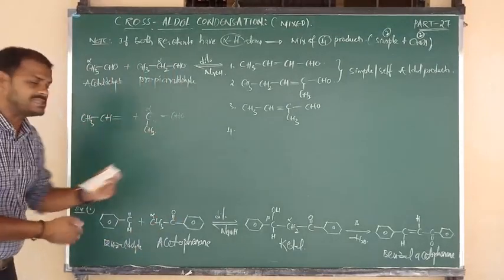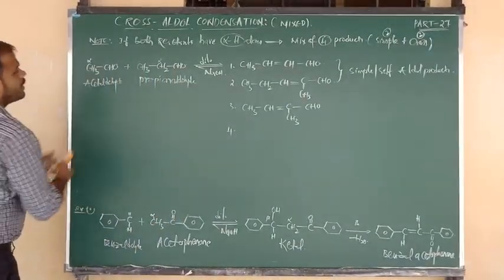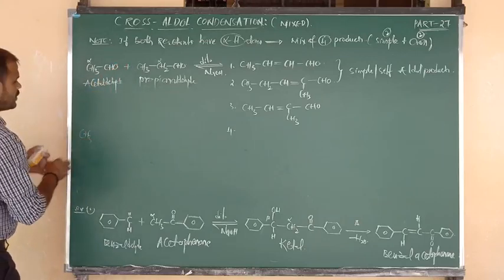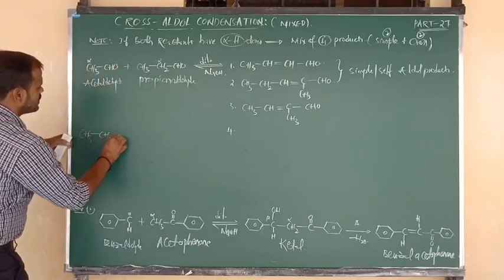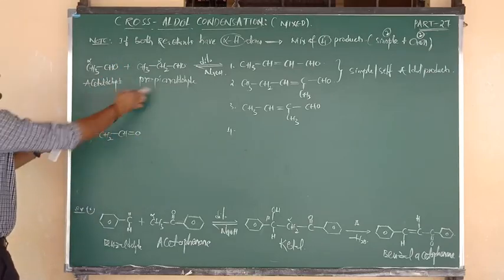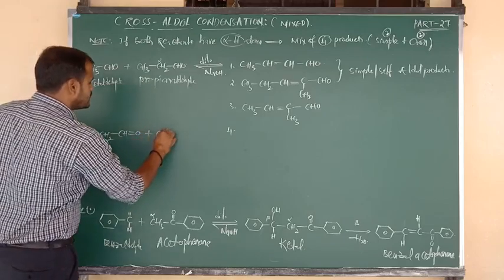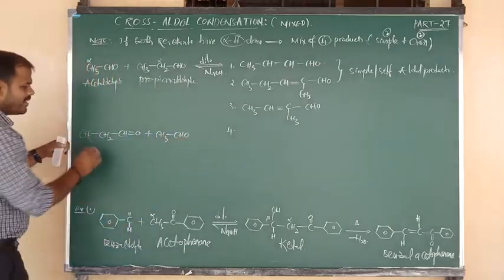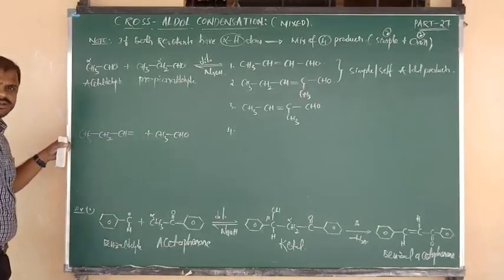Now reverse: B plus A. What is B? Propionaldehyde: CH3 bonded to CH2, CH2 bonded to CHO. B combines with A. What is A? CH3 bonded to CHO. From the first molecule we have to remove the oxygen. This is fixed.